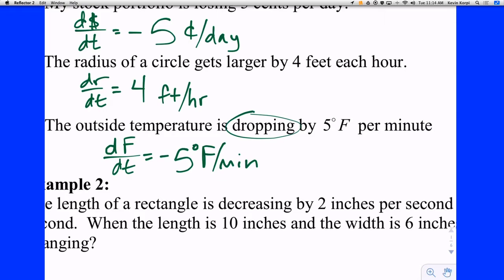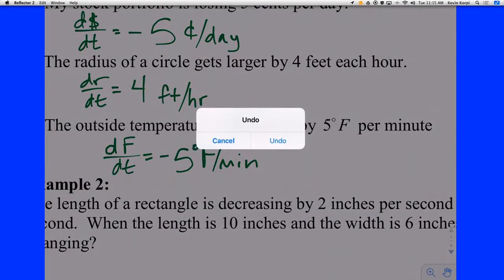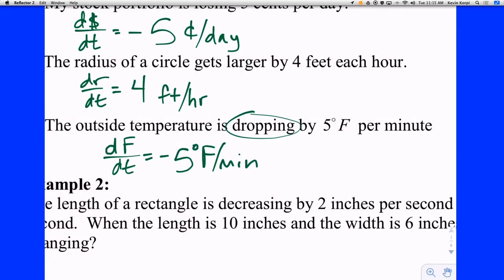Of course, you can refine that and say dropping. So there's a lot of different words in English that you could substitute contextually that imply increasing or decreasing. When you're writing a sentence, though, I would encourage you pretty much just to use the words increasing and decreasing. All right, any questions on that? This is a very important part of setting up and evaluating a related rate problem correctly.